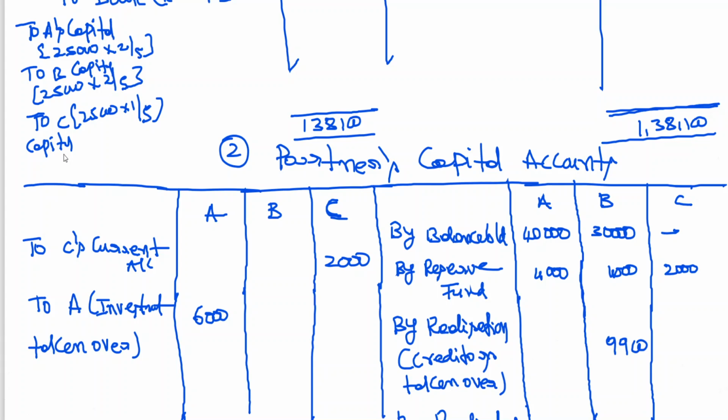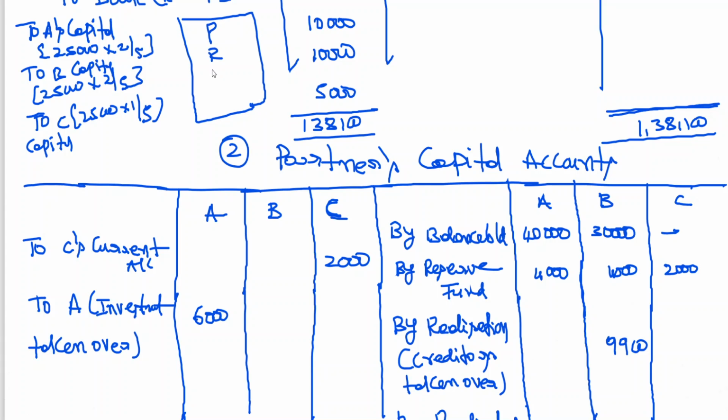Okay, it is coming to 10,000, 10,000, 5,000. Realization profit transferred to A, B and C.